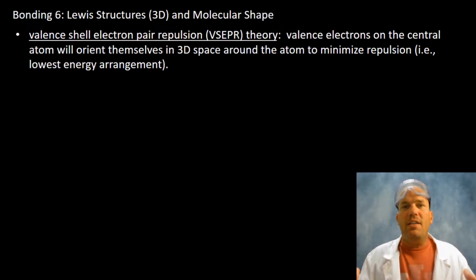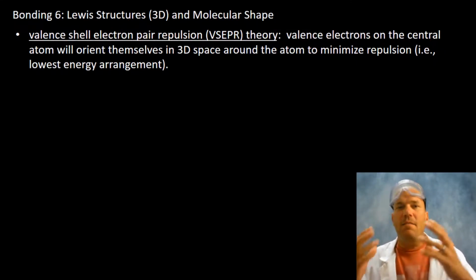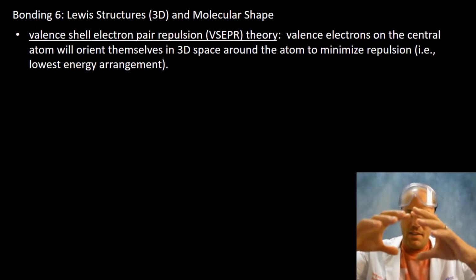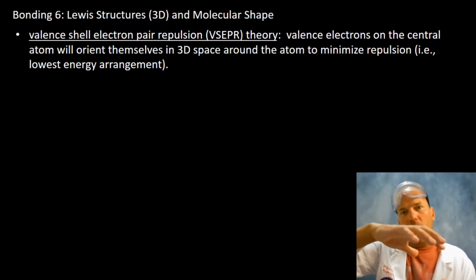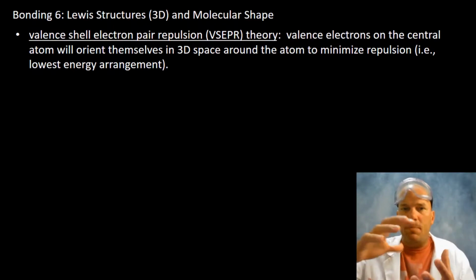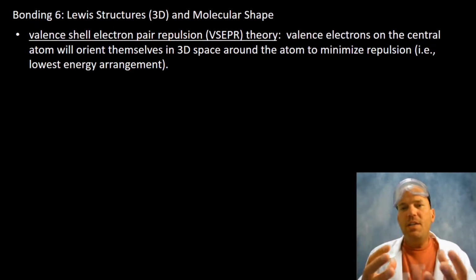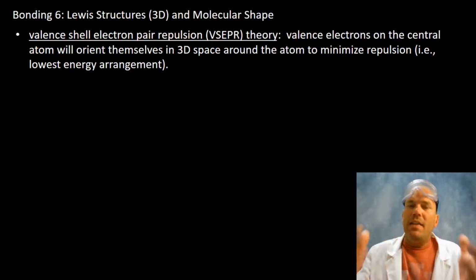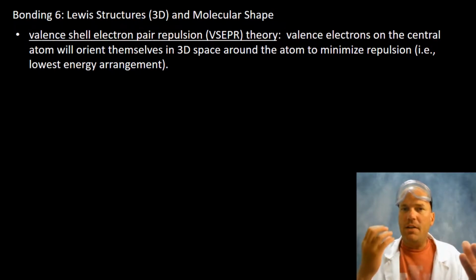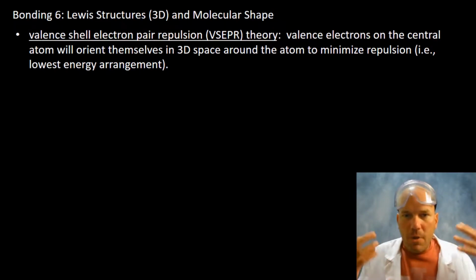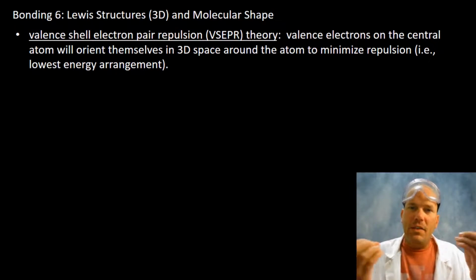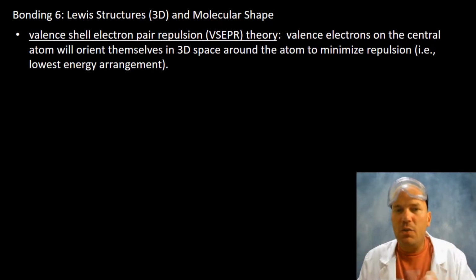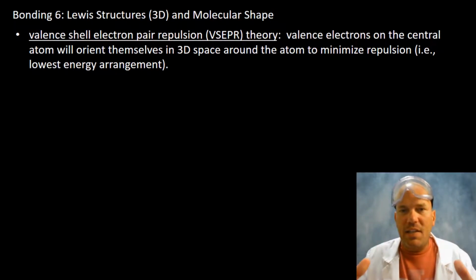This theory is based on the idea that valence shells on the central atom are going to arrange themselves in a three-dimensional space that will minimize electron-electron repulsions. Remember, by minimizing these repulsions, we are assuming the most stable, low-energy configuration.